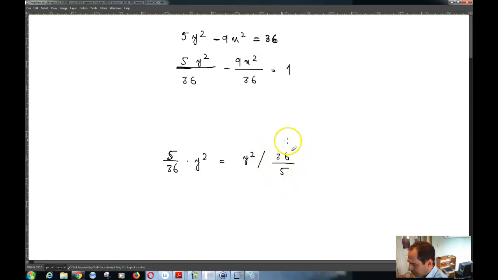And that's what I'm going to do here. So I write this as y squared divided by 36/5 minus 9 times, and that's a 4 over here, minus x squared over 4 is equal to 1.